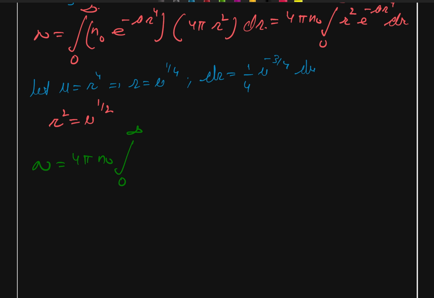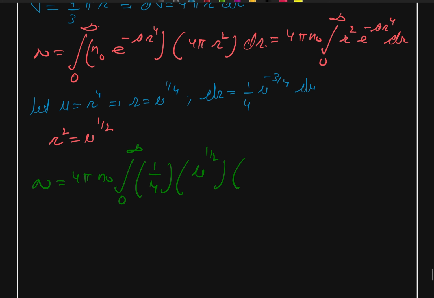And we get this as our 1 by 4, r square is u to the 1 by 2, and our e raised to power minus alpha u, and this comes 1 by 4 u raised to power minus 3 by 4 d of u.